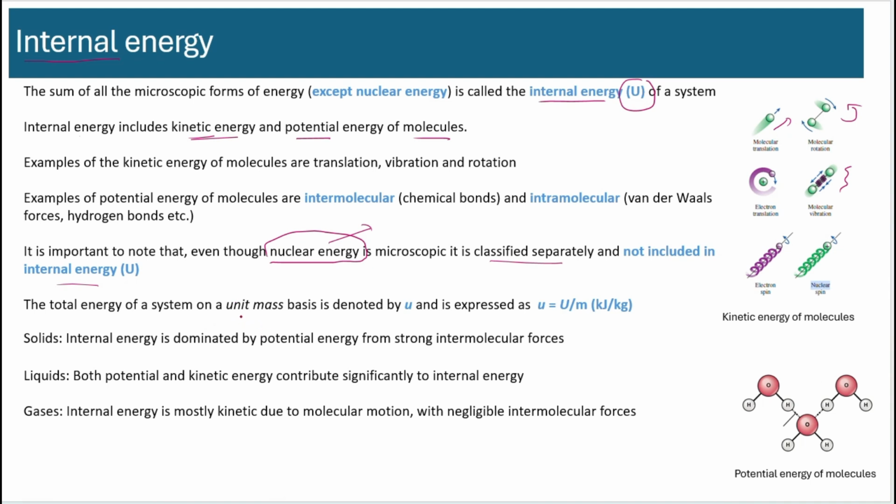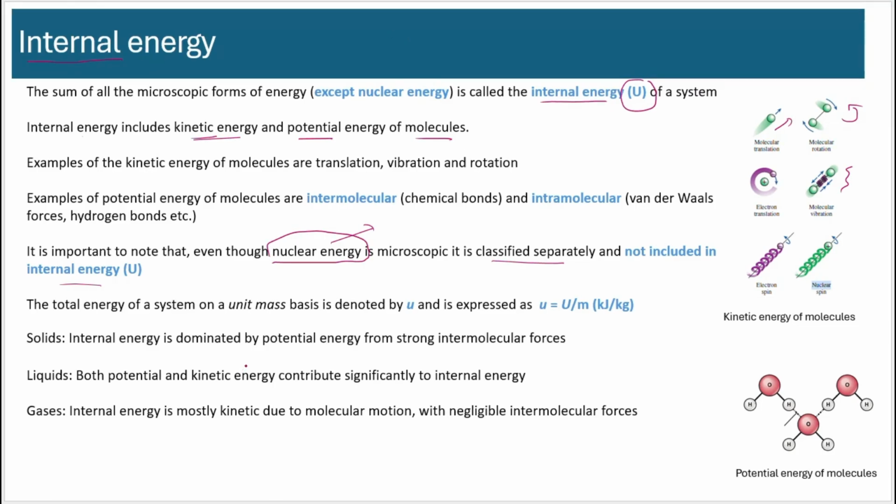Now, the internal energy of a system on a unit mass basis is denoted by the letter small u, and it's expressed as u equals U over m, where m is the mass. The distribution of internal energy between potential and kinetic is different for the three states of matter. In solids, it's dominated by molecular forces, so potential energy is the dominant means of internal energy storage.